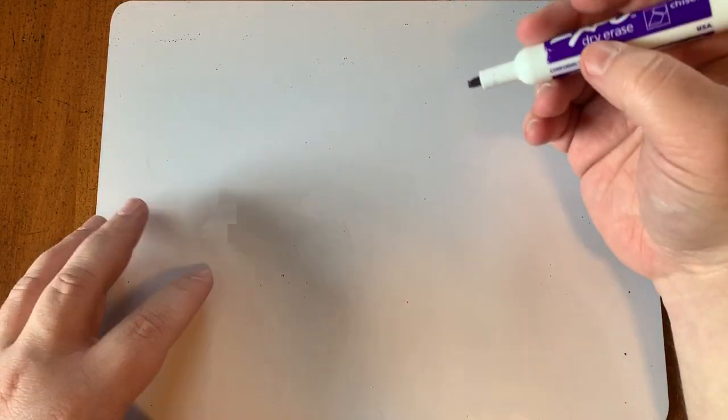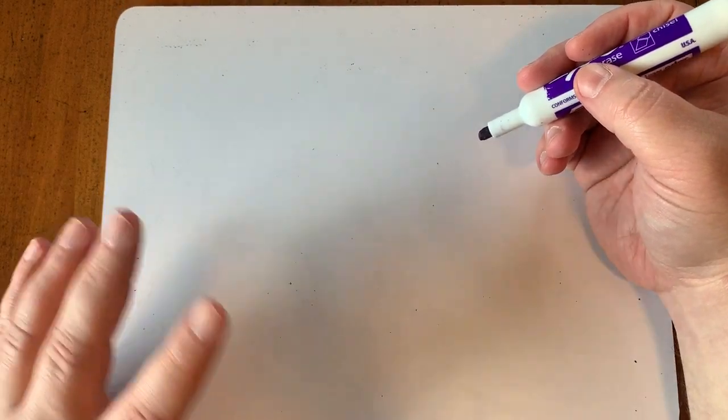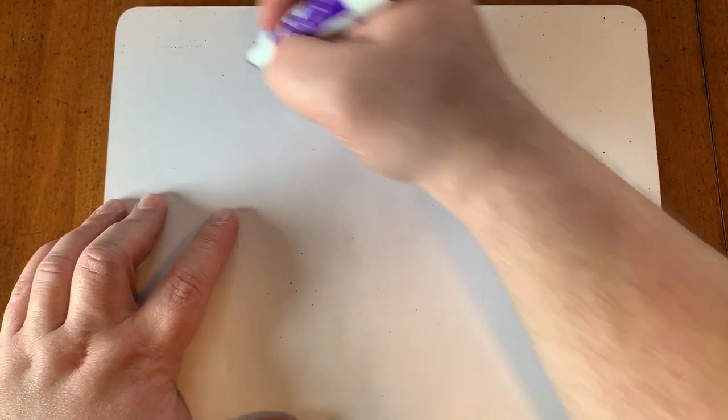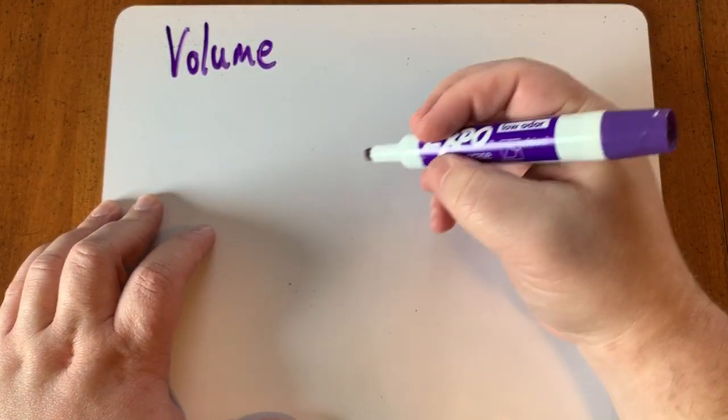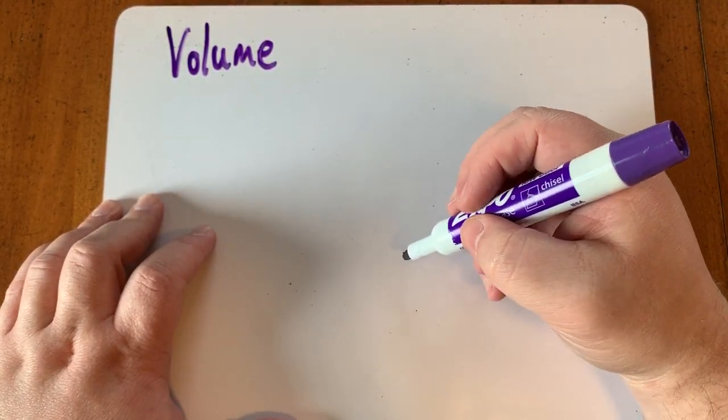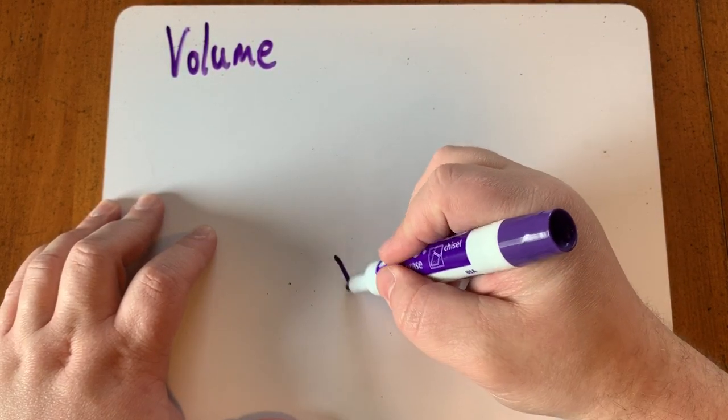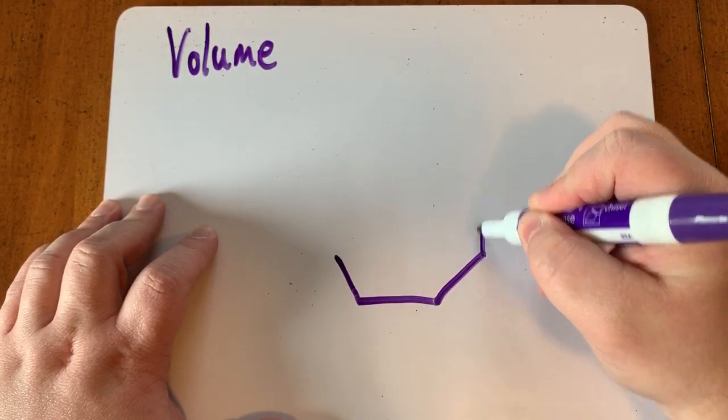But there's another measurement when dealing with three-dimensional figures, and it is not how much area the exterior occupies, it is how much physical three-dimensional space the whole figure occupies, and that's our volume. So I'm just going to draw a hexagonal prism.